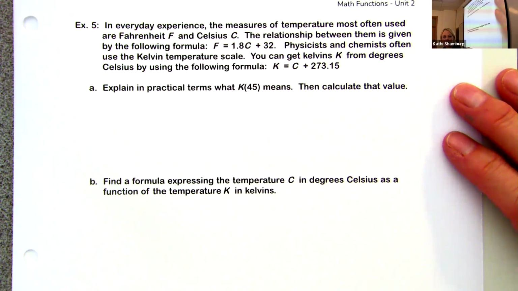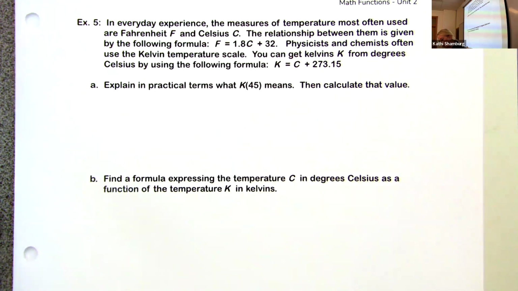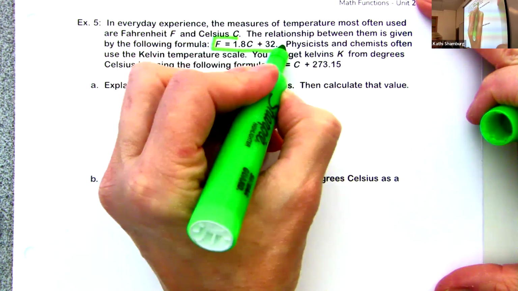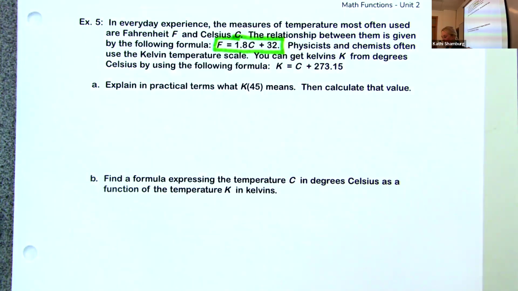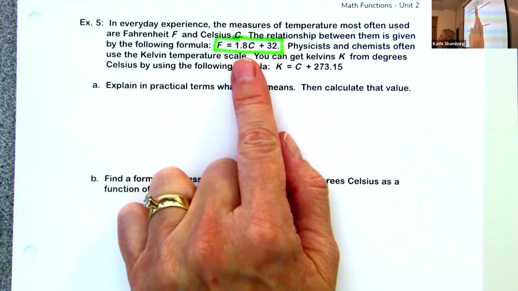In everyday experience, the measures of temperature most often used are Fahrenheit, F, and Celsius, C. The relationship between them is given by the following formula. So here's our Fahrenheit degrees. When I am looking at this formula, what is my function? Fahrenheit, which is F. What is my variable?